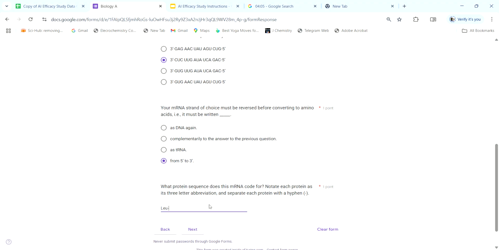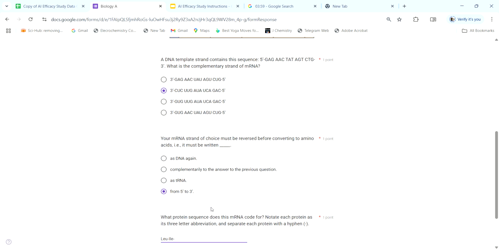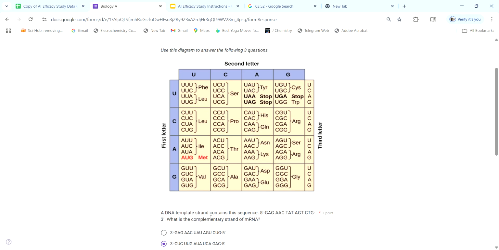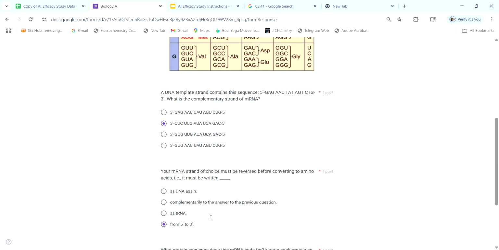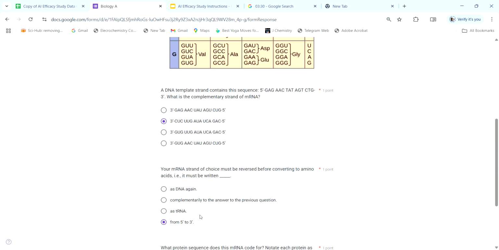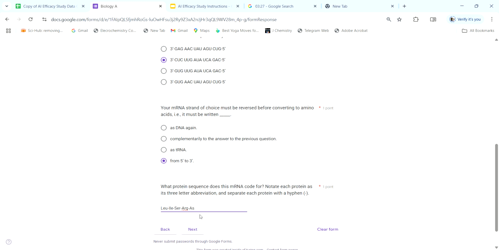Then it should be serine. Then UCA, so UCA again. Arginine. Next, asparagine. Okay, I will move to the next part.